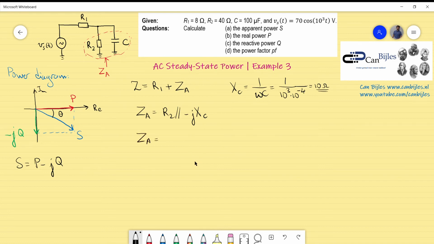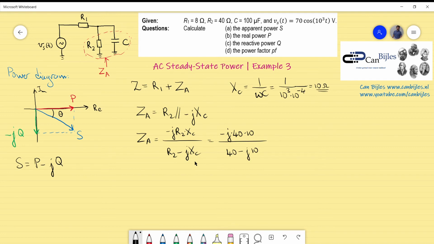Now, let's move on with ZA. ZA is written in a different form as R2 times minus jXC divided by R2 minus jXC. So substituting the values, R2 is 40, minus j times 40 times 10 divided by 40 minus j10.